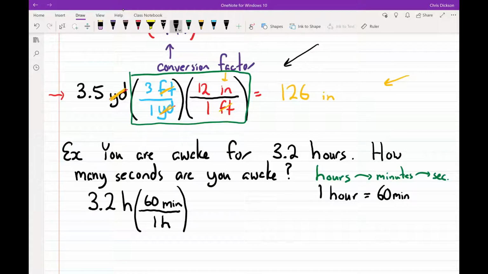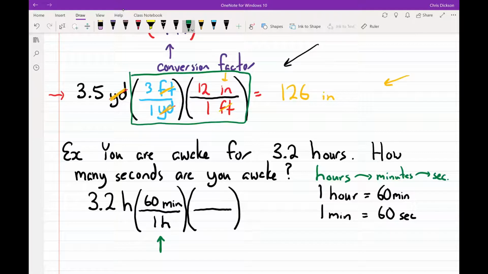But now that would leave me with minutes, right? So I'm going to need another conversion factor that converts the minutes into the time unit that I really want, which is seconds here. So how many seconds are in 1 minute? Well, that would be 60 seconds. So I'm going to do another conversion factor. Once again, you've got to remember what you're trying to get rid of. You're trying to get rid of the hours, which you did with the first conversion factor. So this conversion factor would cancel the hours out and leave you with minutes.